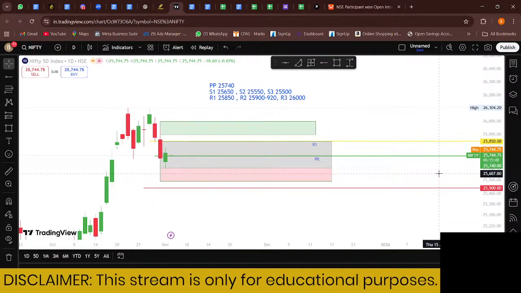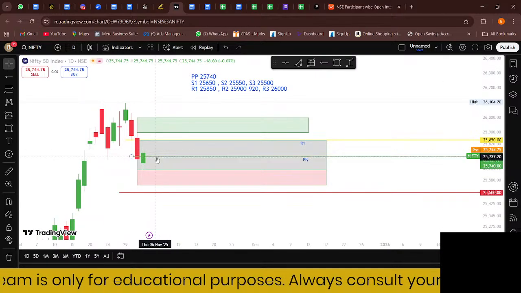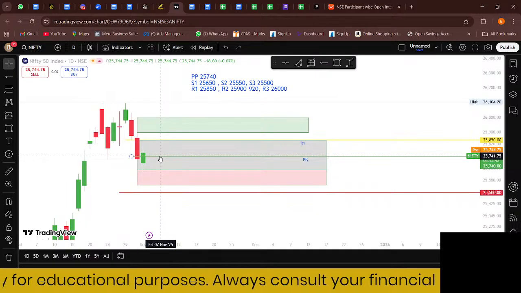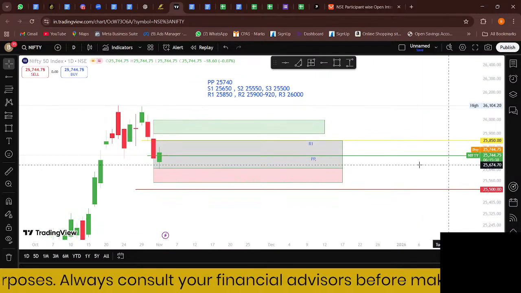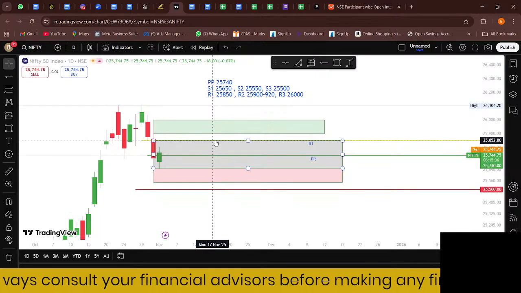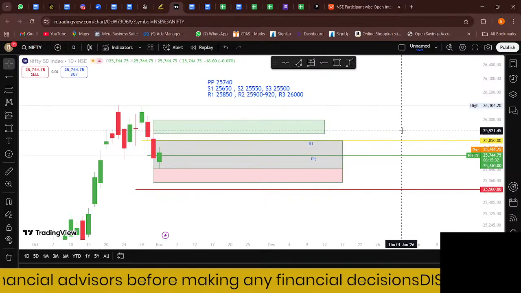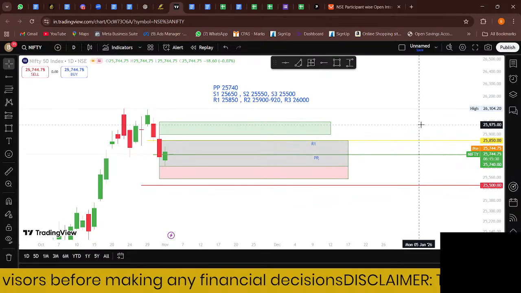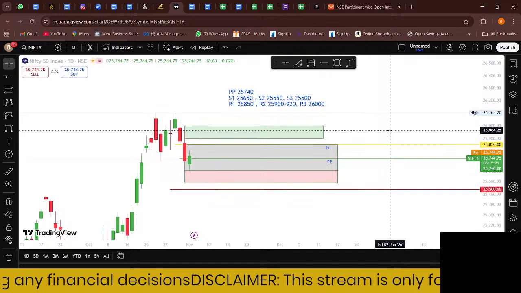So if volume holds, and it has higher volume and momentum above this particular pivot point, then definitely we will go for the bullish ride only. So you can go up to this R1, and if a similar trend continues, then definitely you can go for these two bullish zones.